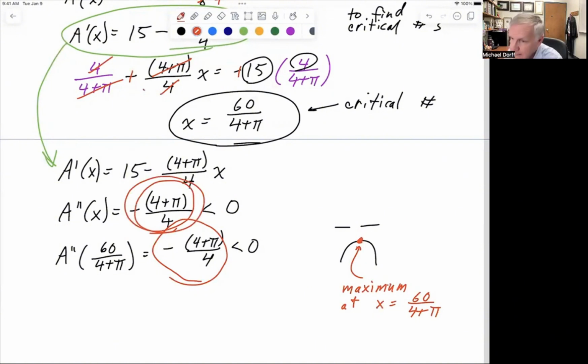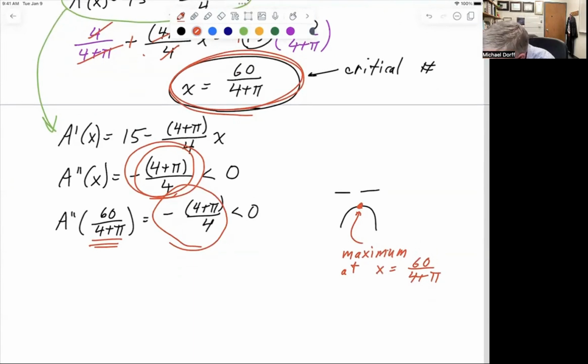It doesn't mean that any number would be a maximum. It just means that it would be concave down. I get the maximum because I'm using the critical number, putting it in, and getting a negative. So at the critical number, I get a maximum. All other x values just tell me that they're going to be concave down. So great, we wanted a maximum, we got a maximum.